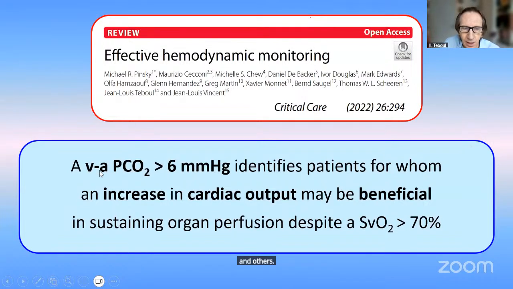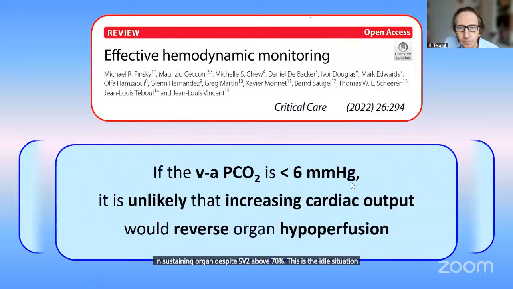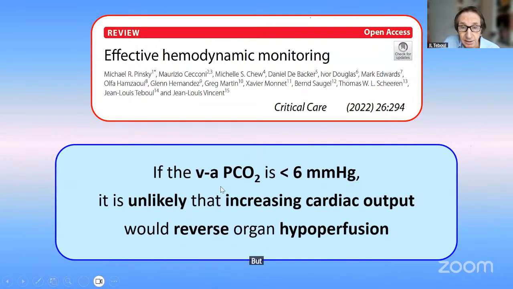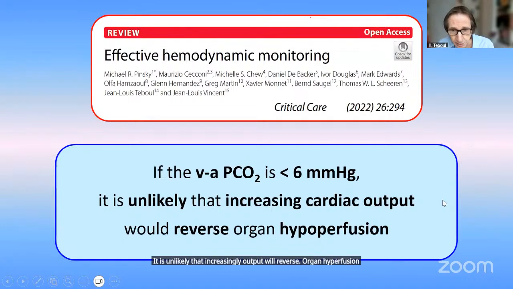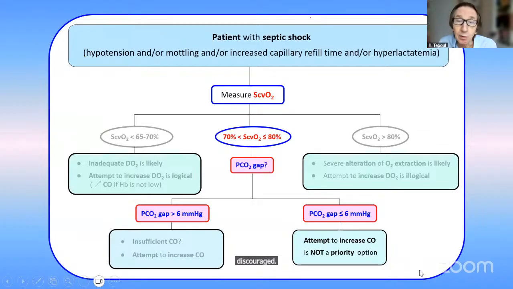We said that high PCO2 gap identifies patients for whom an increase in cardiac output may be beneficial in sustaining organ perfusion despite SCVO2 above 70%. This is the ideal situation. But we also say that if it is lower than 6, it is unlikely that increasing cardiac output will reverse organ hypoperfusion, and this should be discouraged in this case. It's not a priority.